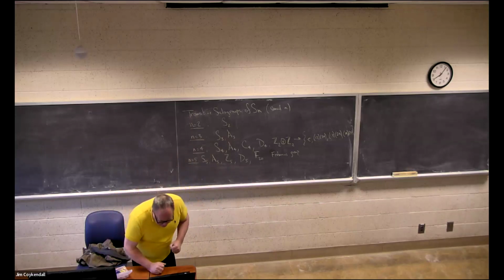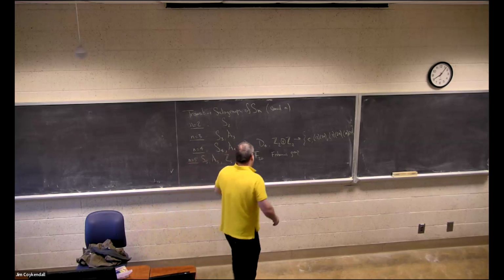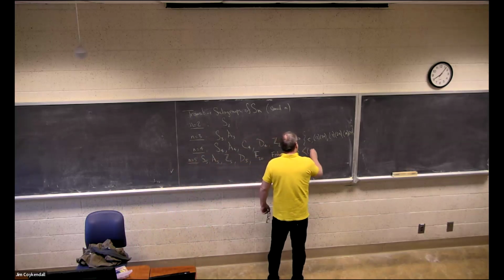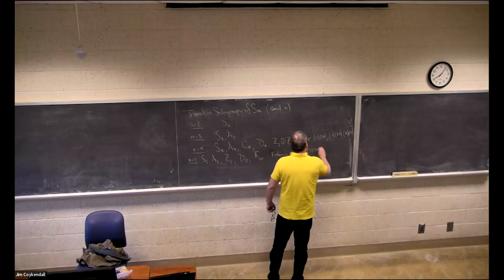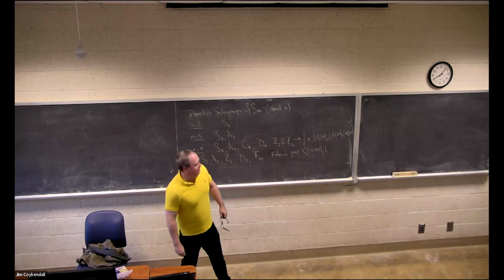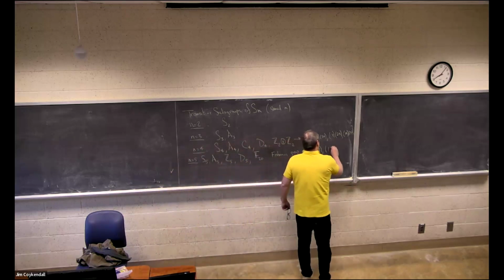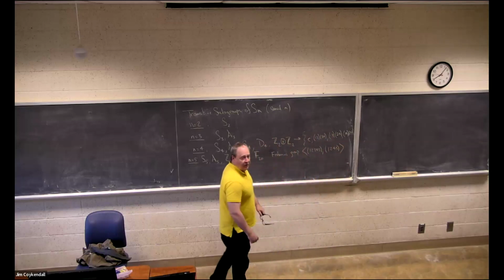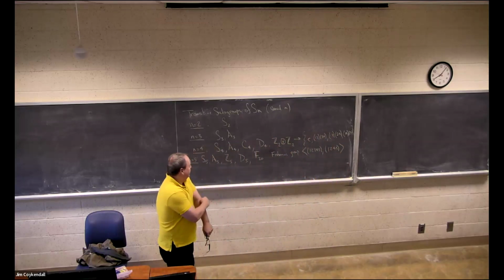In fact, you can generate one of the copies by these. This is a subgroup of order 20 in S5.